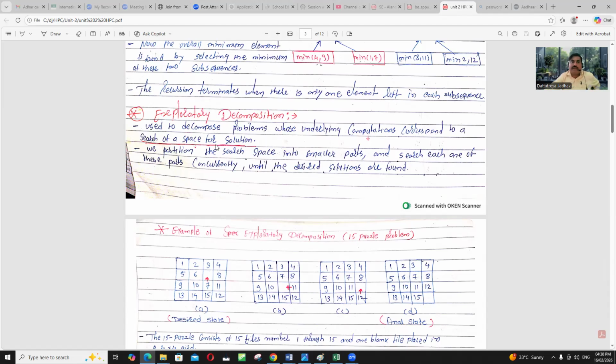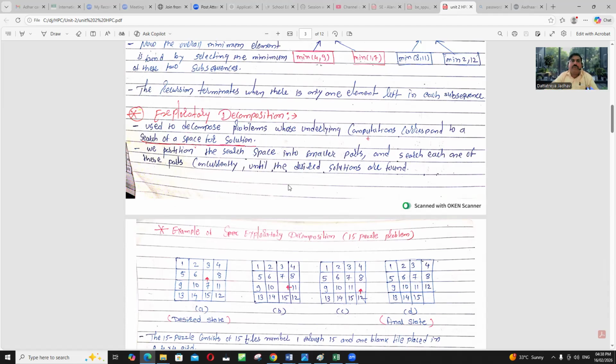So how can it be done? We partition the search space into smaller parts and search each one of these parts concurrently until the desired solution is found, and we find the actual solution.